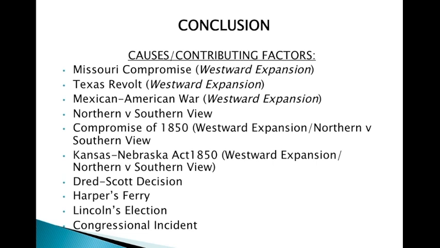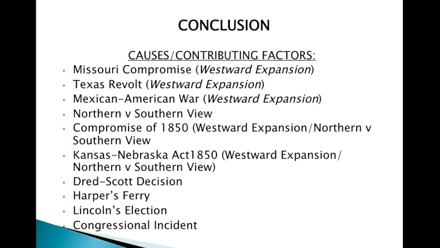There was the Mexican-American War, where America gained new territories such as California, Utah, New Mexico, etc. Again, the Constitution doesn't provide a mechanism for determining whether these new territories are going to be free or slave, so it contributes to this debate over what do we do with new territory.